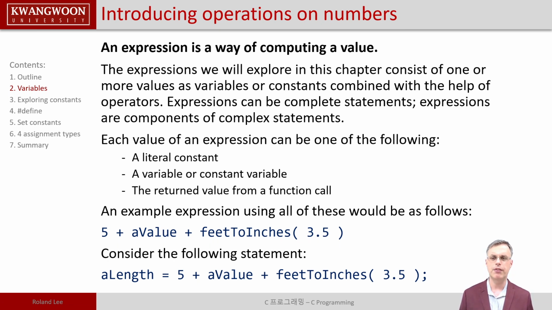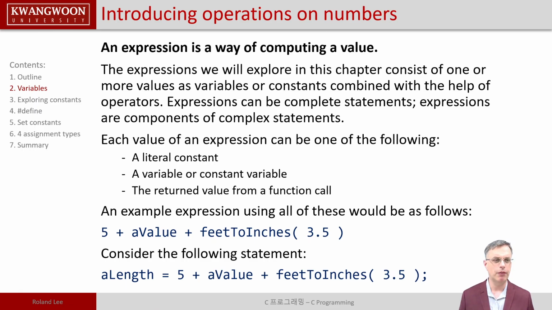The expressions we will explore here consist of one or more values as variables or constants combined with the help of operators. Expressions can be complete statements, and just as often, expressions are components of complex statements. Operators work on one or more expressions. Well, an expression can be simple or complex as well.